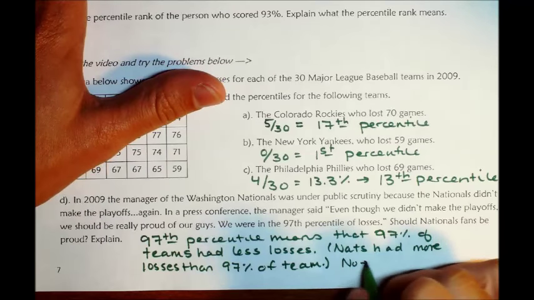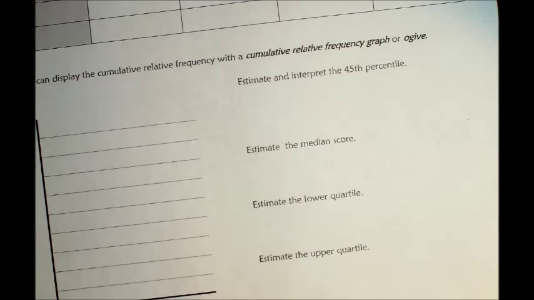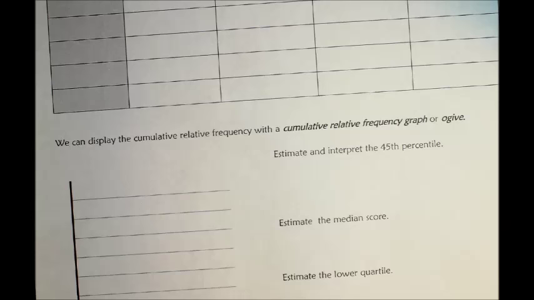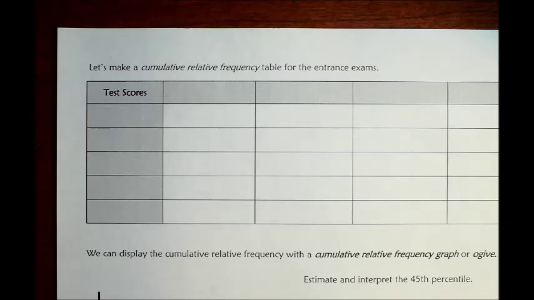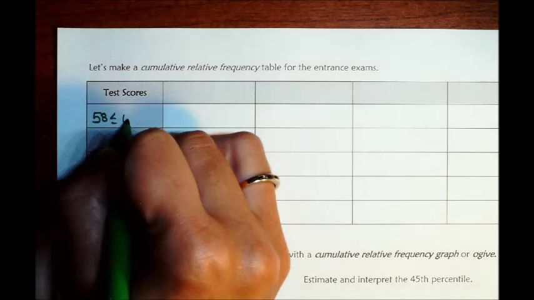So we're going to take this data and we're going to make a different type of graph called a cumulative relative frequency graph. And to do that, we need to make a table. So we're going to go back to the original example with Frank. With Frank's example, we're going to make 5 intervals. So test scores for Frank were 58 to 65.